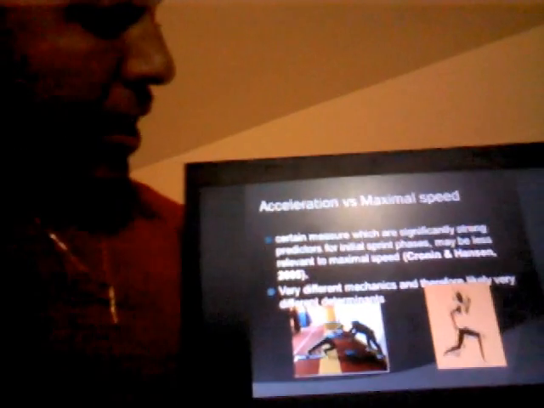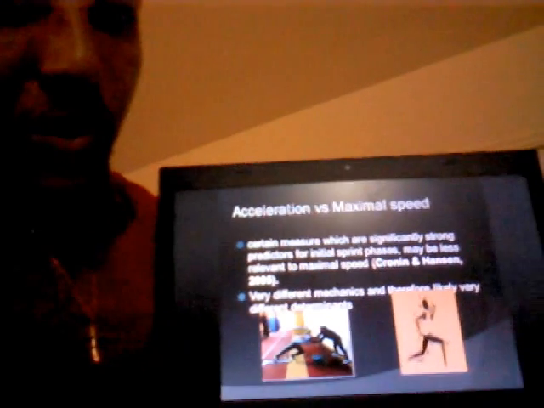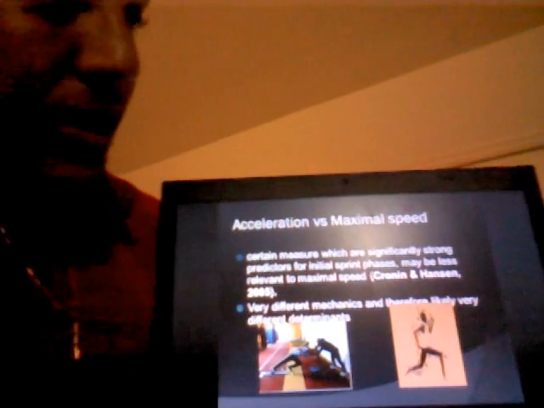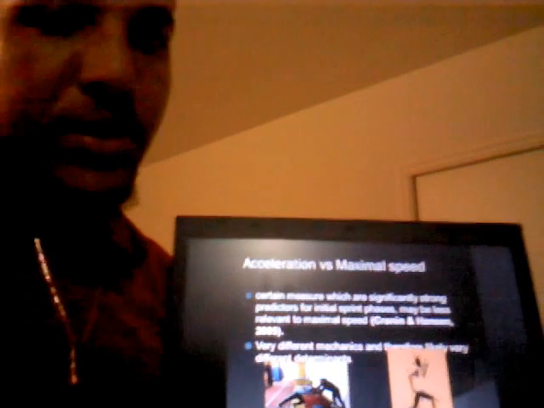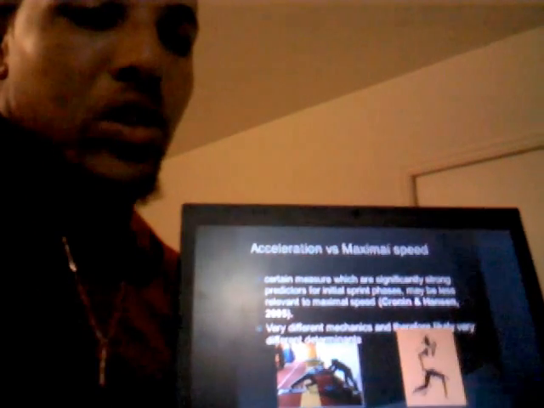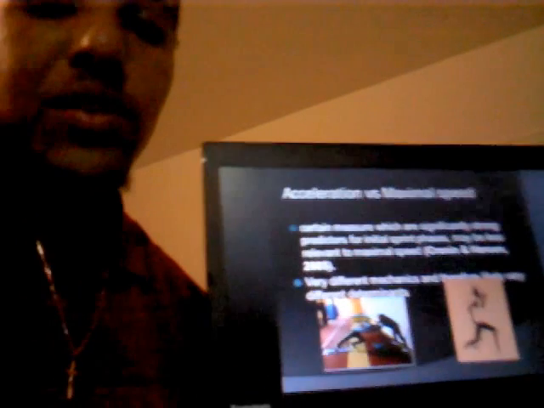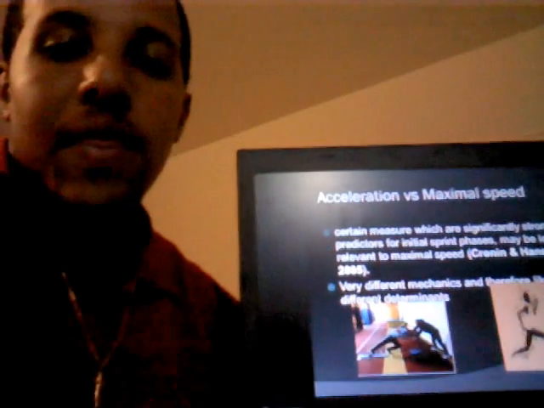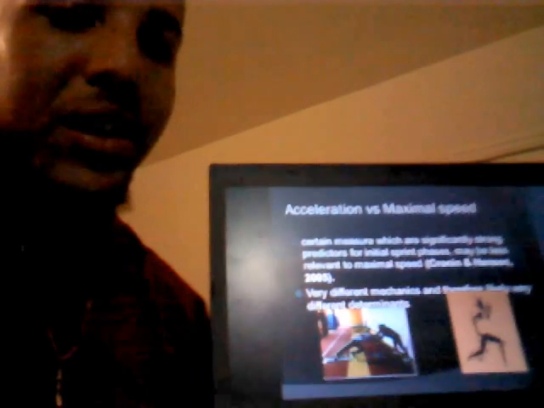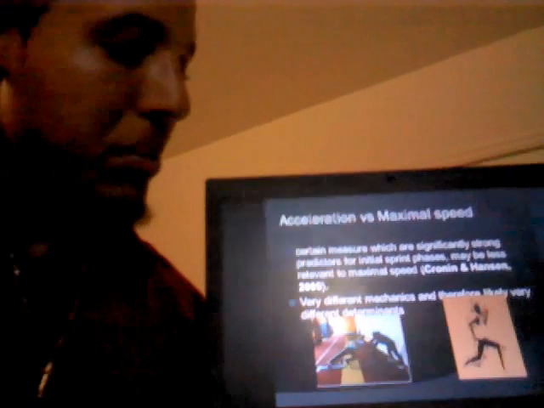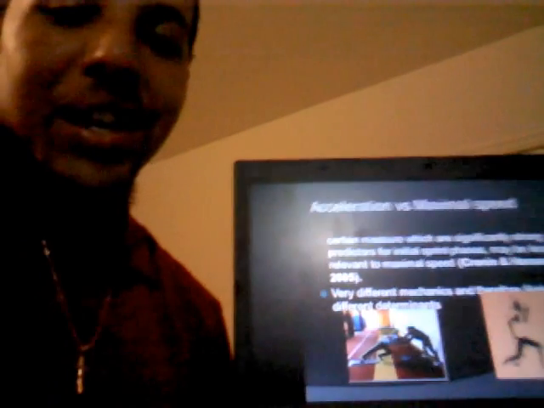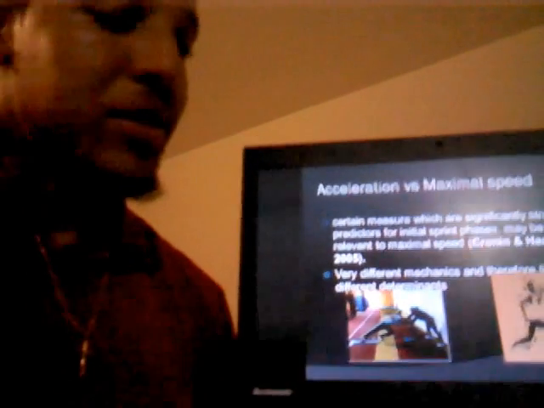Now, another thing that's important to point out when analyzing speed is the fact that there are different phases to speed. So even though my study is focusing on determinants for maximal speed, that doesn't mean we can completely ignore the fact that there's an acceleration phase prior to getting to top end speed.